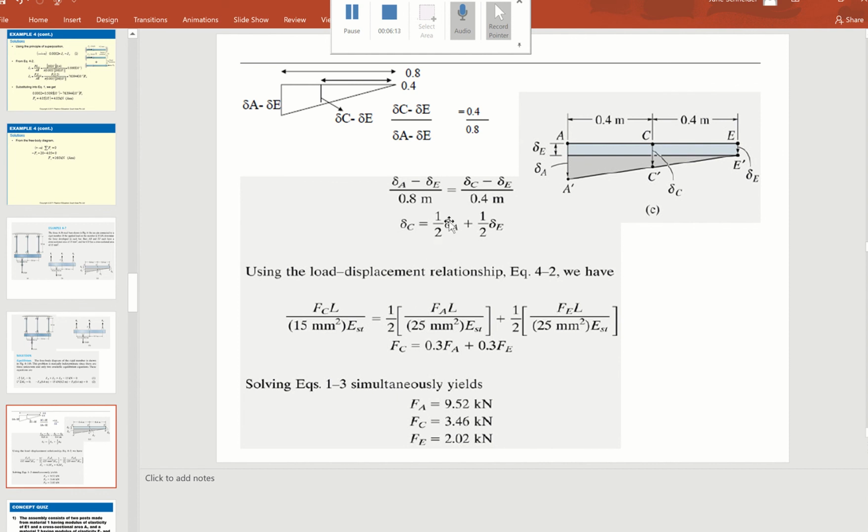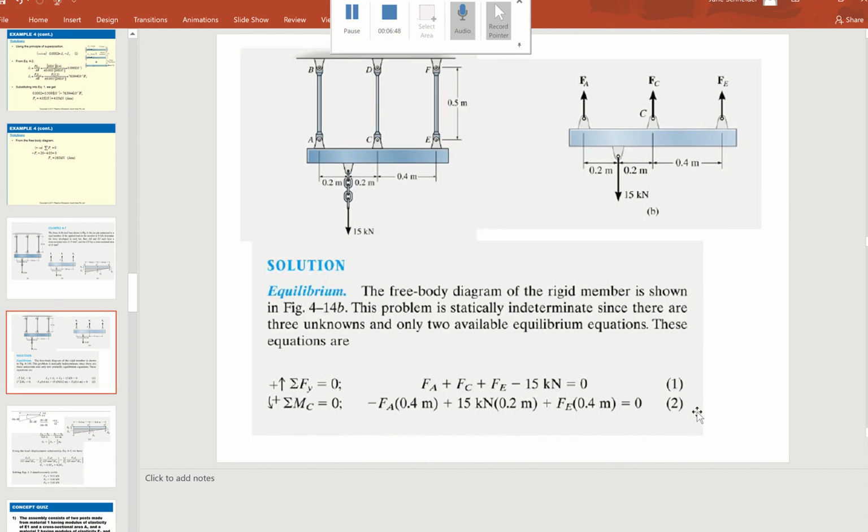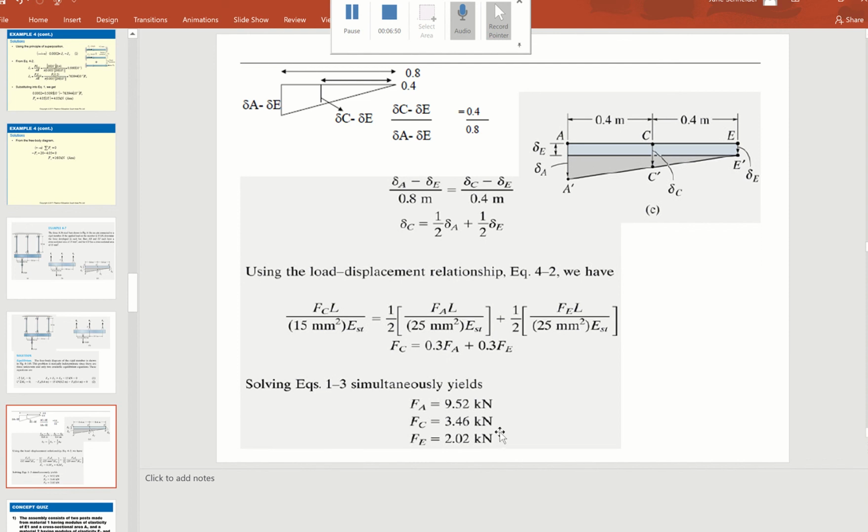For delta A, the internal force is FA, times L, over AE, where A is 25. Then for delta E, we use the internal force FE. You do the same thing, add it in and simplify, and you get your equation. That's your compatibility equation. That becomes our third equation. Combine it with the previous two equations, and you can solve for those three unknowns.